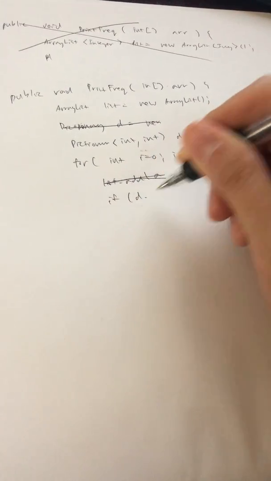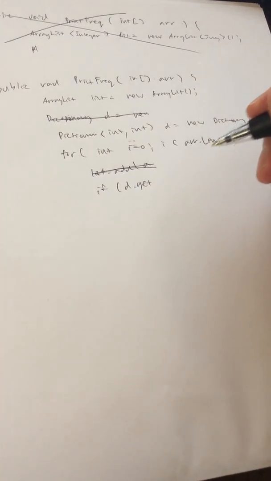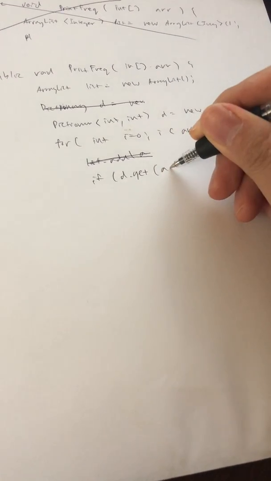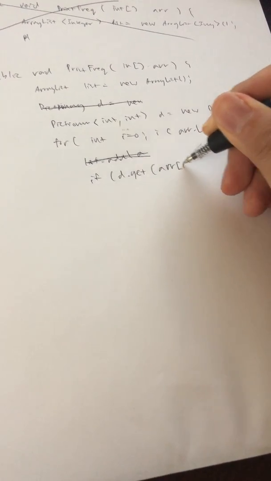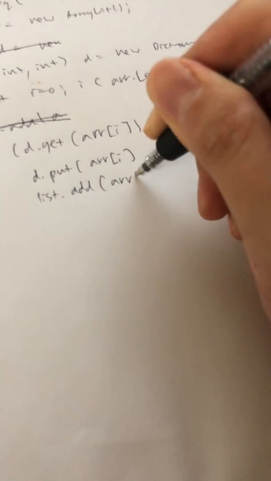If d dot get r i is null, that means the element is not in the map or dictionary yet. So I'm going to do d dot put r i, 1, and I'm also going to add the element to the array list, list dot add r i.